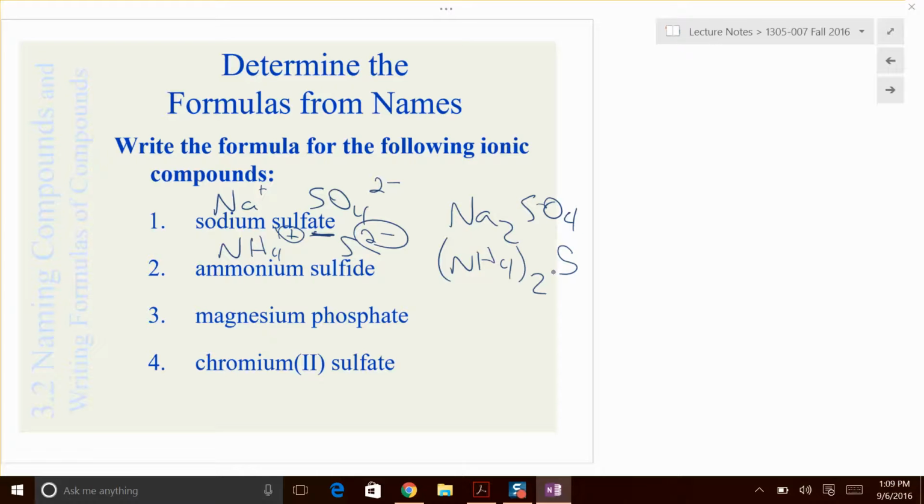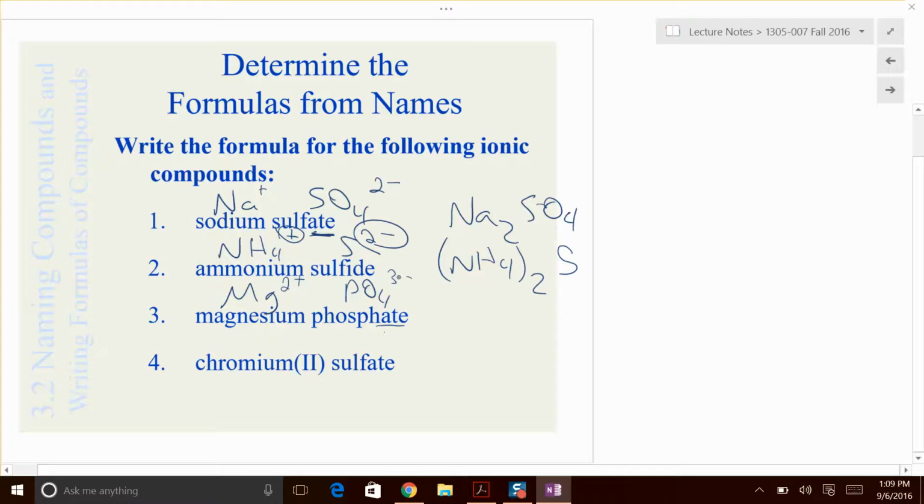Magnesium phosphate. Magnesium is Mg. What's the charge of a magnesium? Good. Phosphate. What does that ATE indicate? Polyatomic ion, so I go to my chart. I find it to be PO4 3-.